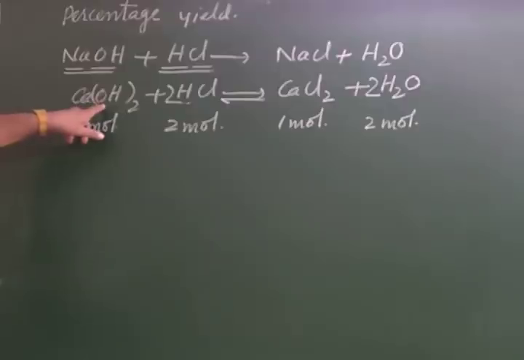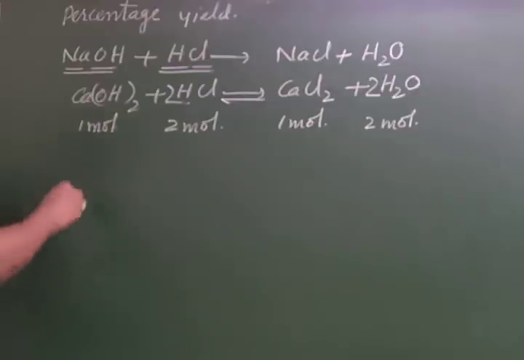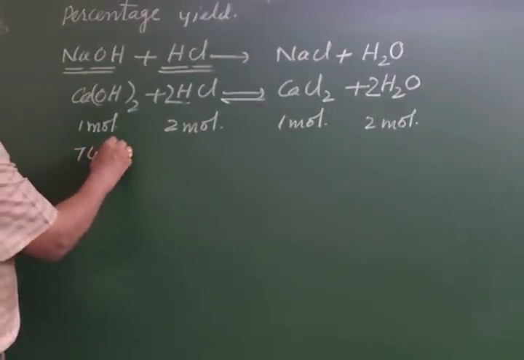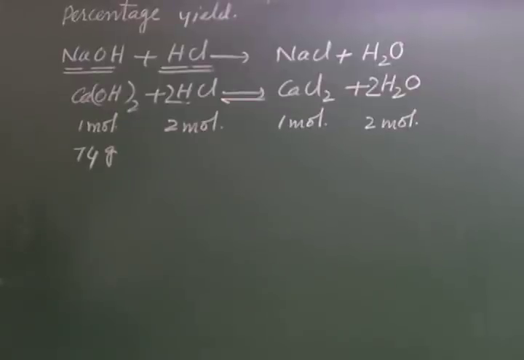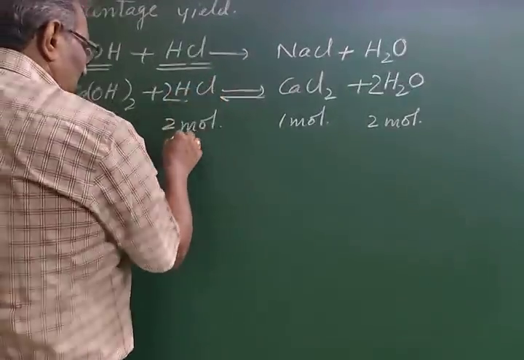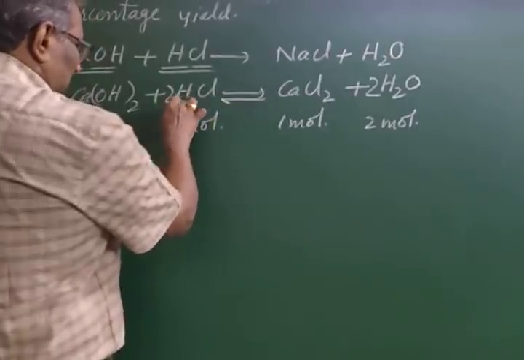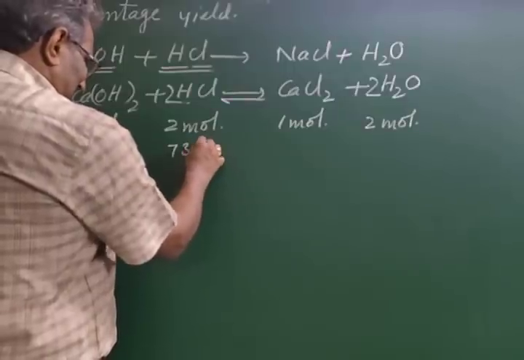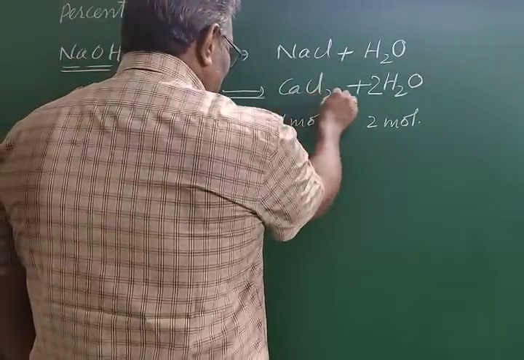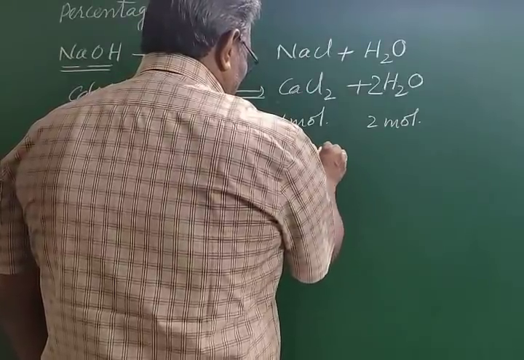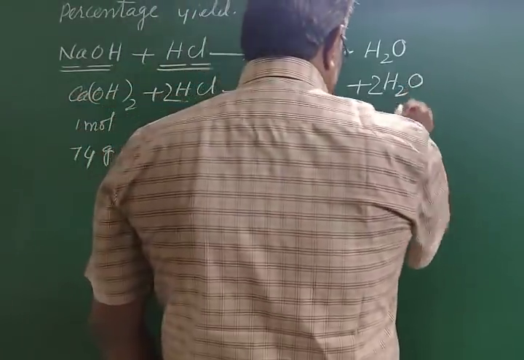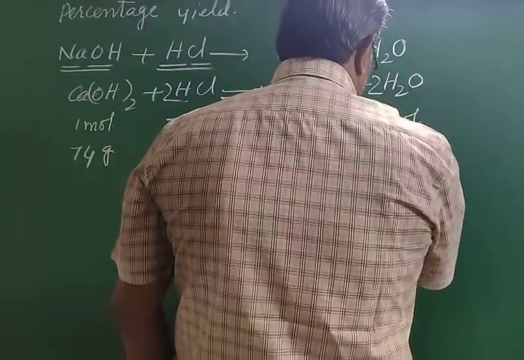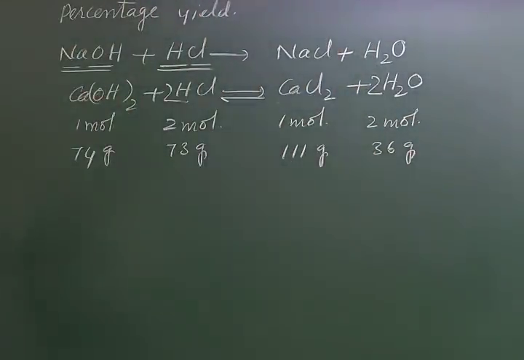Calcium 40 plus 16 plus 1, 17 into 2, 34. 40 plus 34, 74 grams. 74 grams of calcium hydroxide reacts with 2 into HCl, HCl is 36.5, that is 73 grams of HCl, to give 111 grams of calcium chloride, and 2 moles of water means 36 grams of water.